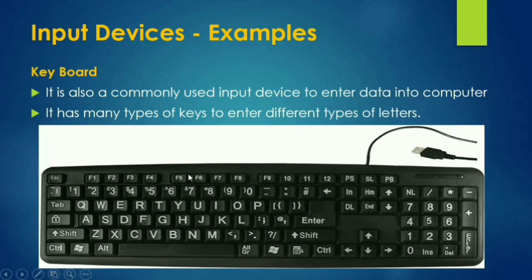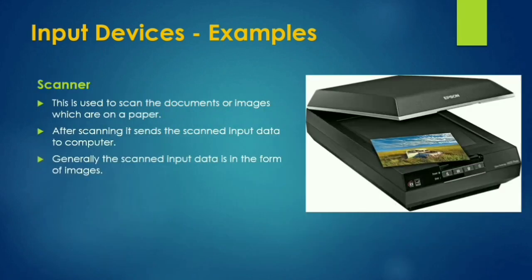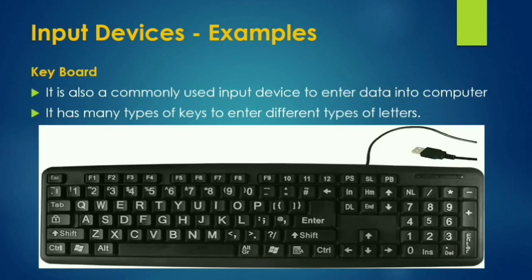These buttons are called as functional keys. And here we have numerical keys 1, 2, 3, 4 up to 9. We can use these keys or these keys to enter the numbers, and you can see the up, down, left, right arrow keys here, right?